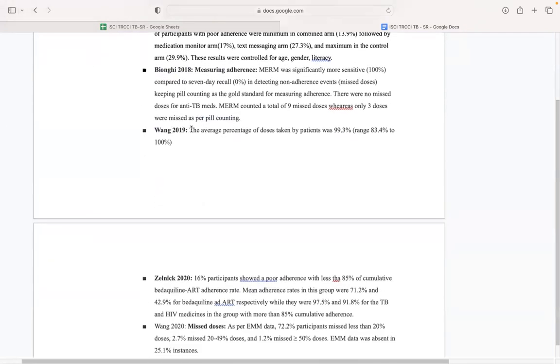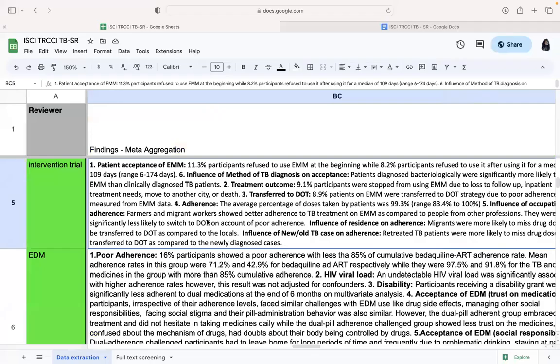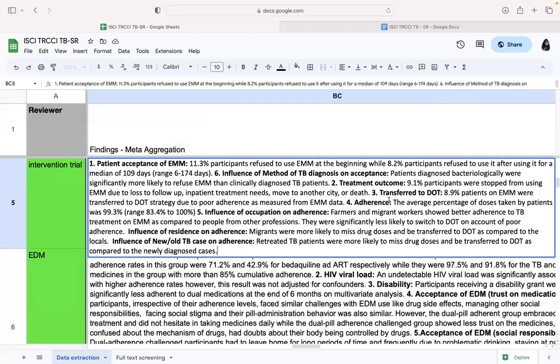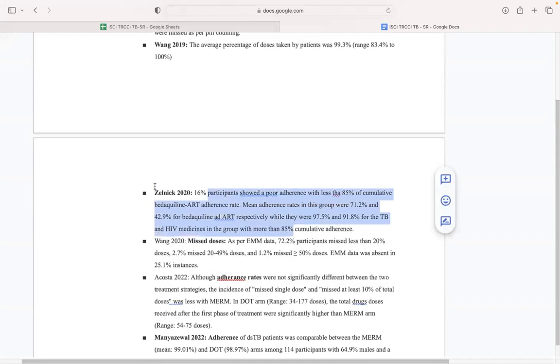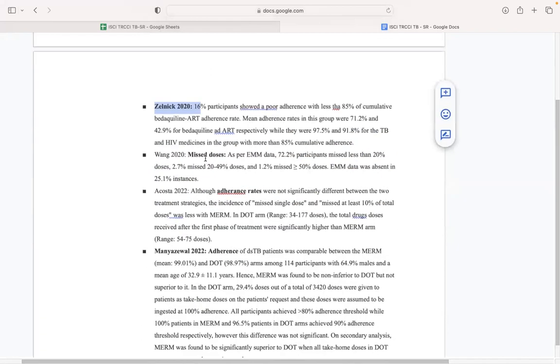What I've done is I've just copy pasted my finding over here. The average percentage of doses taken by patients was this much percent. As you see, I've just copy pasted from these findings, but only the adherence part. And these are similar findings from other papers that I have mentioned.